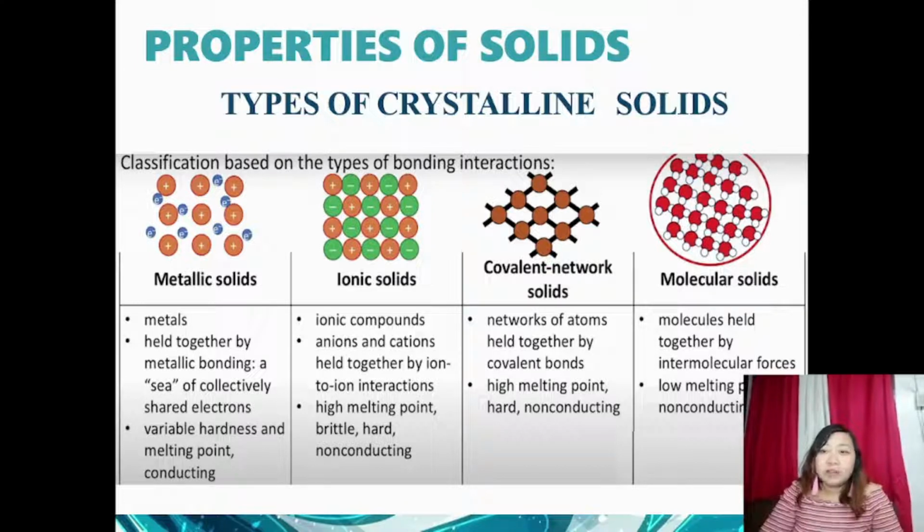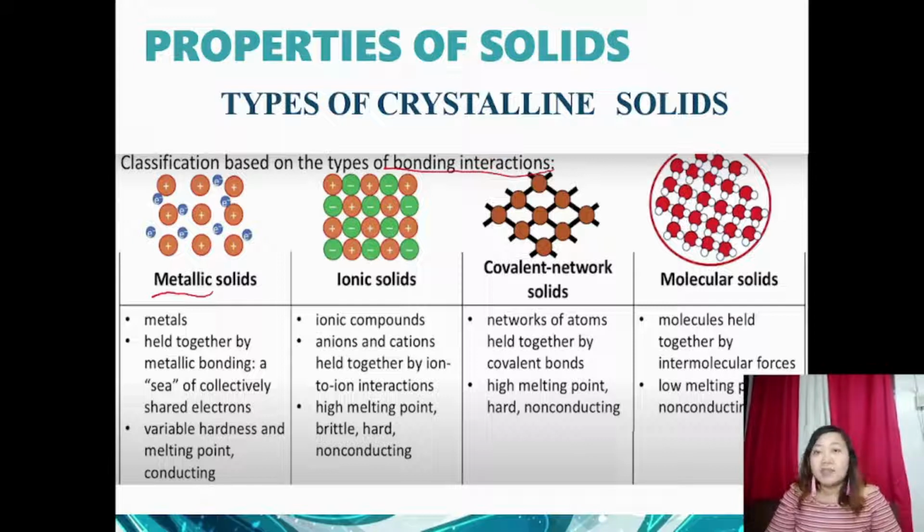We have four types of crystalline solids according to the bonding interactions. So this is the keyword here: bonding interactions. We have metallic solids, ionic solids, covalent network solids, and molecular solids. First, we have metallic solids.